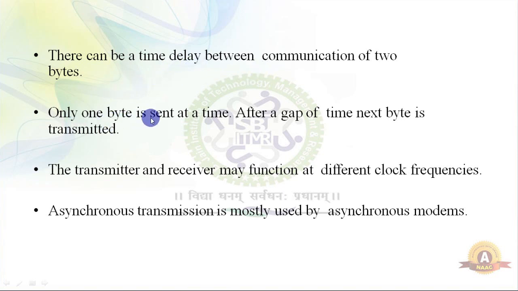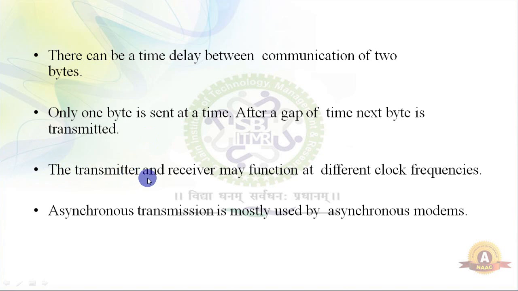Only 1 byte is sent at a time. After a gap of time, the next byte is transmitted. So with the help of this time gap, we can send data byte by byte, packet by packet or frame by frame.